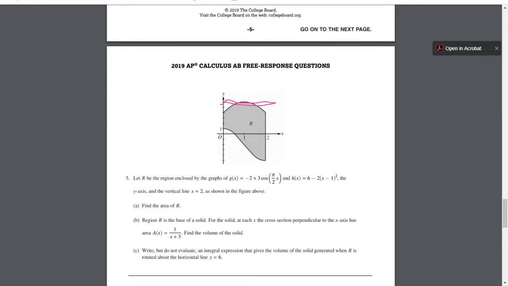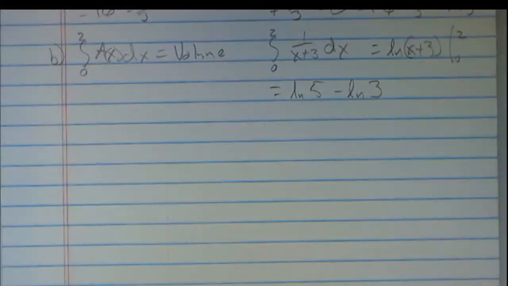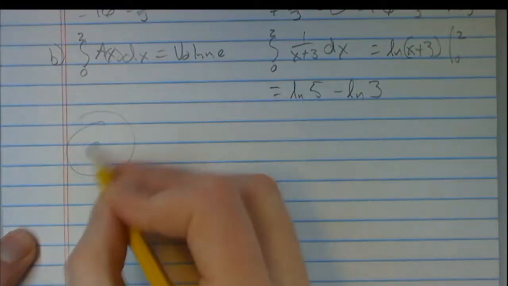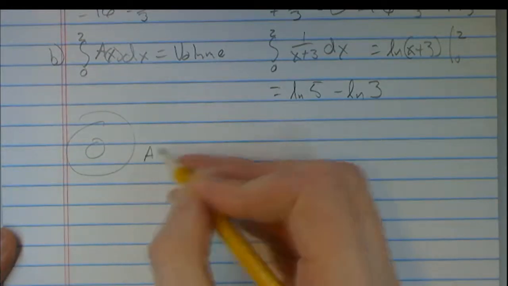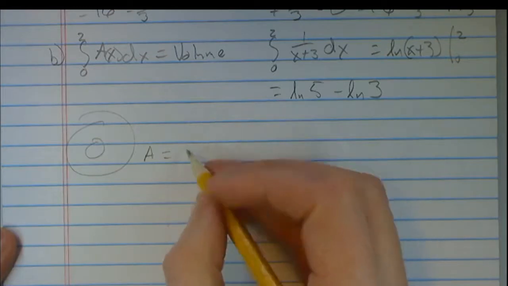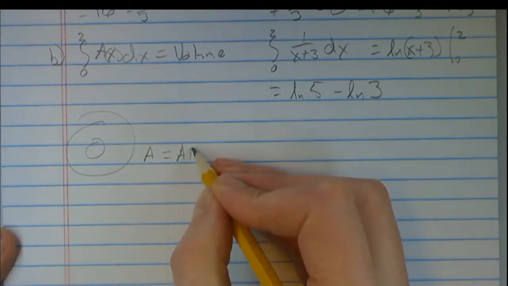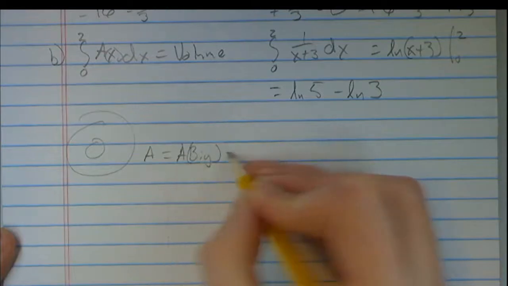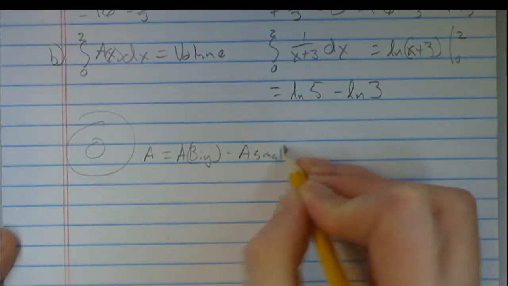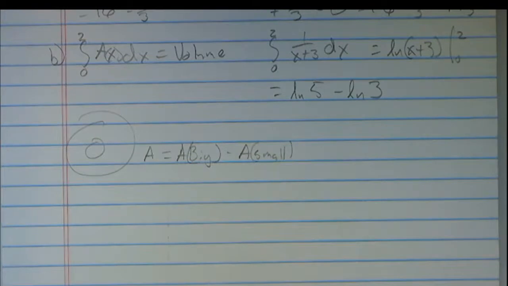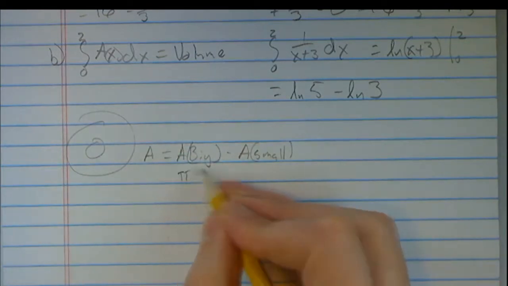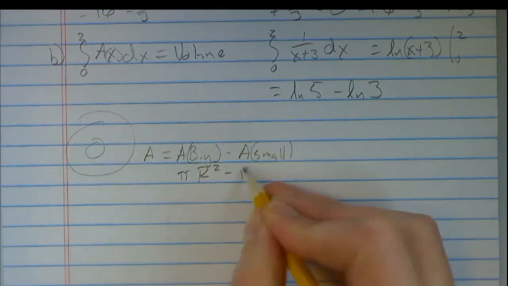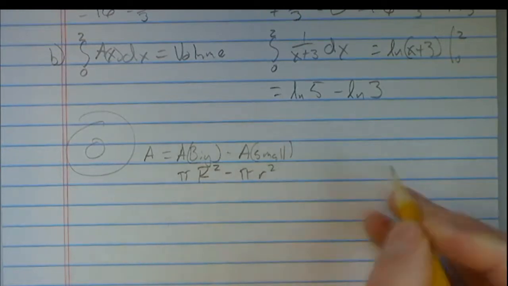Each cross section is going to be like this, and the area will equal the area of the big one minus the area of the small. So we have a bunch of circles. It's going to be pi big R squared minus pi little r squared.